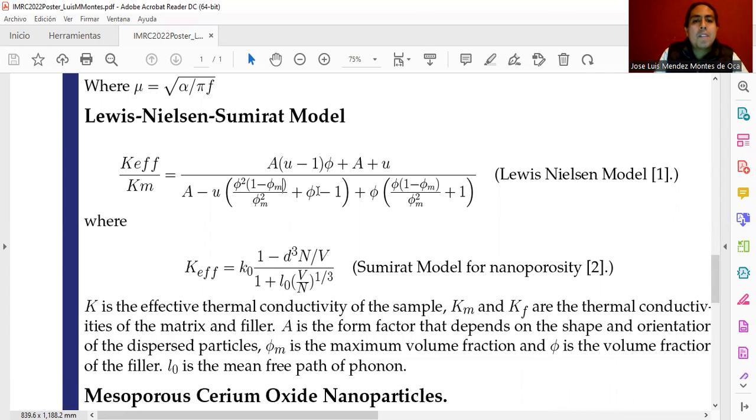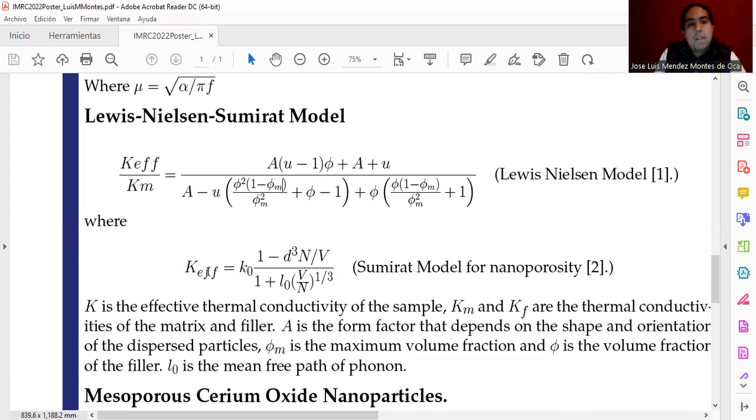We mixed this model with another model proposed by Sumirat et al. for nanoporosity. This model is valid when there is a material whose pore diameter is smaller than L, which is the mean free path of the phonon. So we use both models.